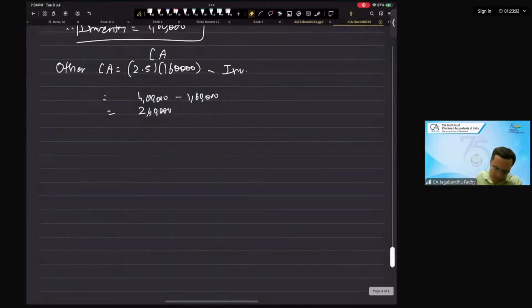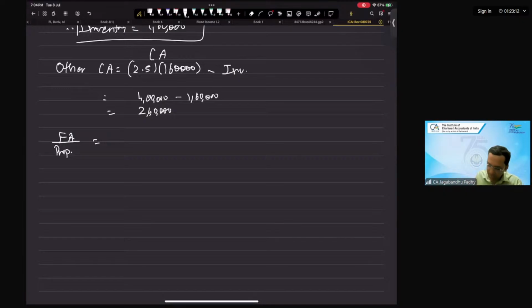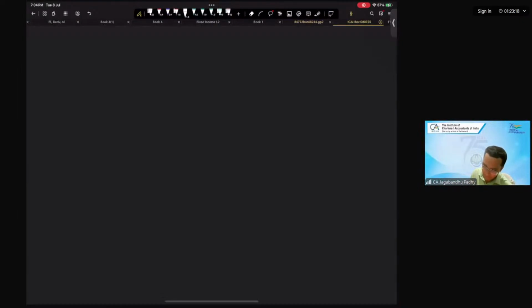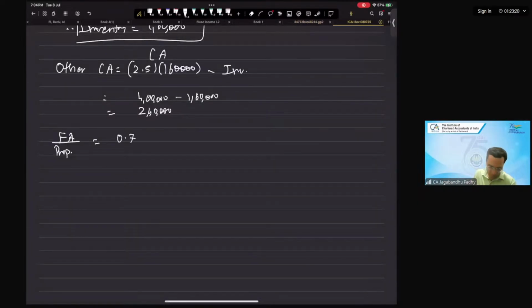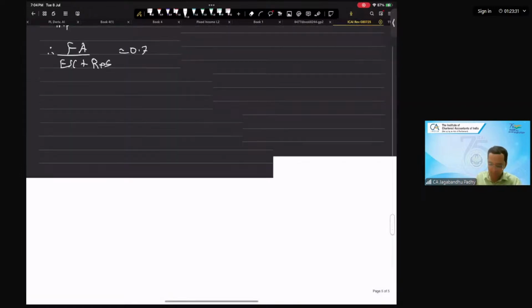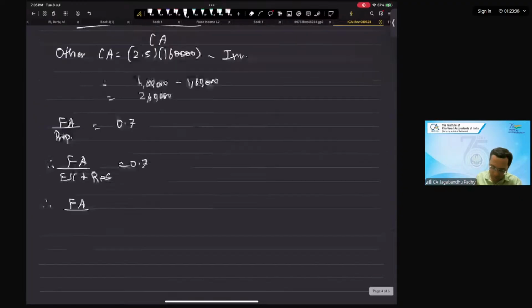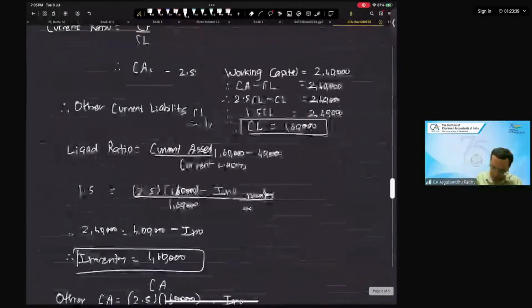That ratio is given as 0.75. Okay, so this means it is going to be fixed asset upon equity share capital plus reserves is 0.75. So this means fixed asset is something which we don't know. Equity share capital, again, we don't know.